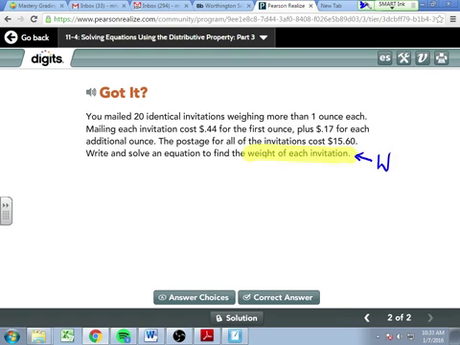This is why I start by writing out the verbal expression. I have to mail 20 invites, and that's going to multiply by the price of each, the postage price. I'm going to write that.